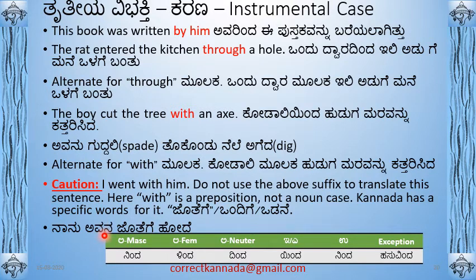This is Avana, not Avanu. Avana is Shashti Vibhakti. So there is some complication there. I hope this is clear, the difference between the with as in I went with him and the with as in with an axe. If you have any confusion, please go through this slide again and you'll get a better understanding.